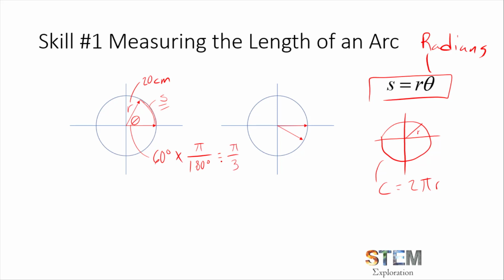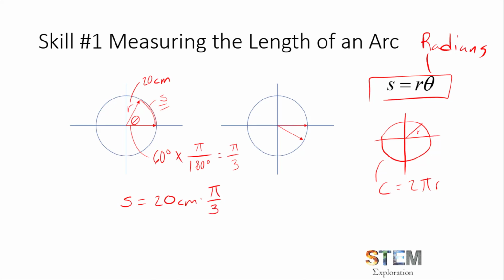If I want to find the arc length S for this arc, S would simply equal the radius, which is 20 centimeters, and I would write the units here if they're given in a problem, multiplied by the portion of the circle you're looking at.